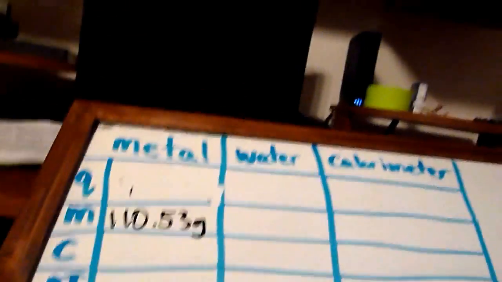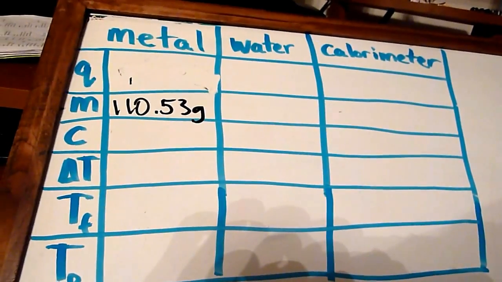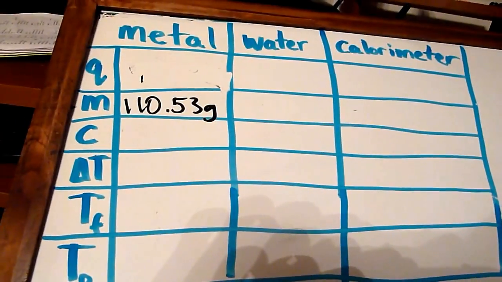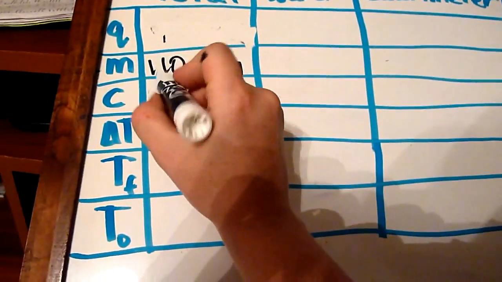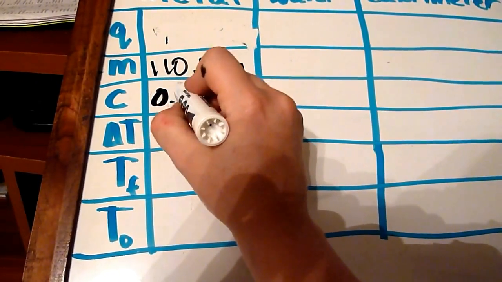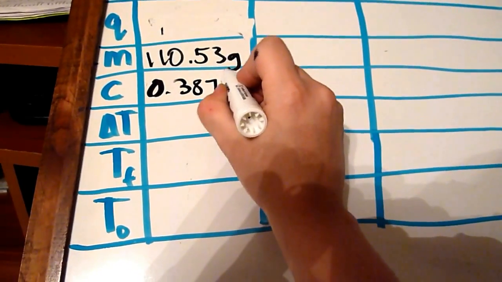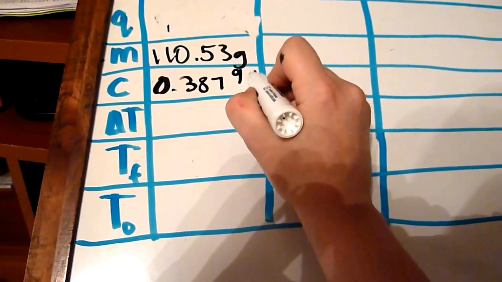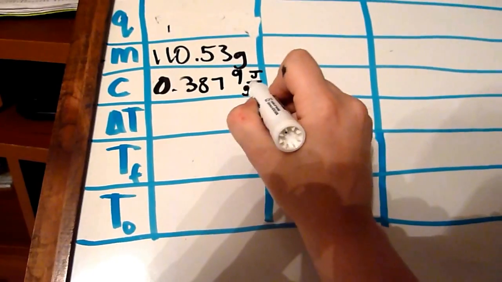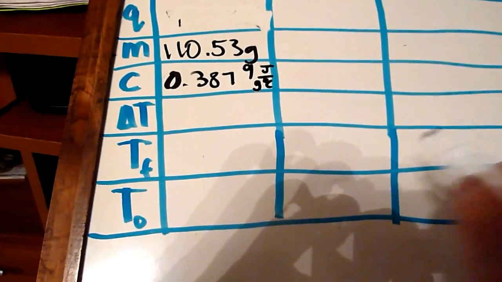We don't know the heat change of the metal yet. C, the specific heat of the metal. We are told the metal is zinc. Specific heat of zinc is 0.3879, and our unit, joules per gram degree Celsius.